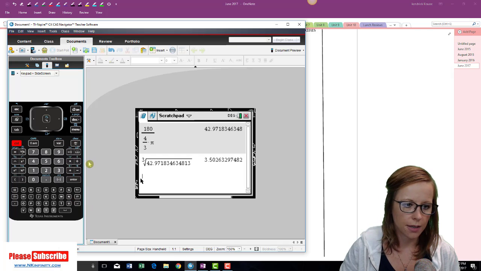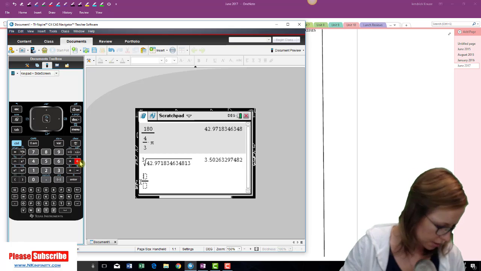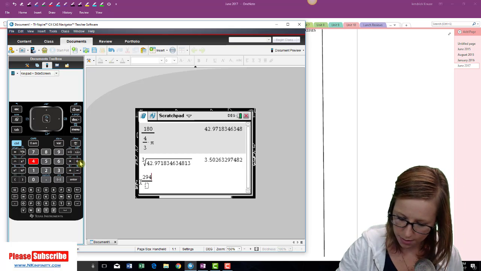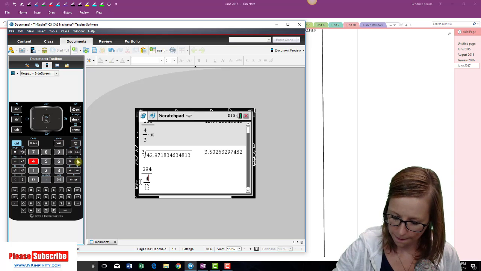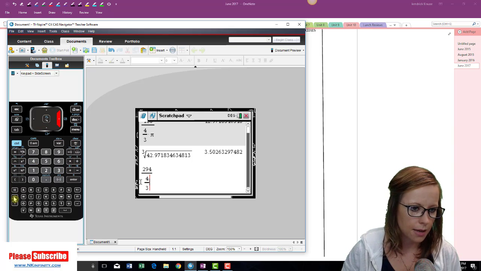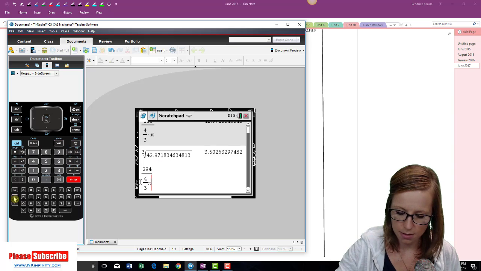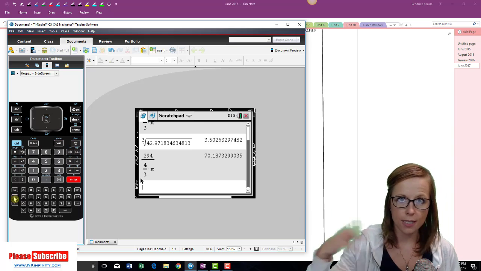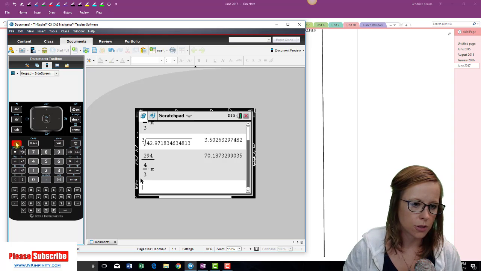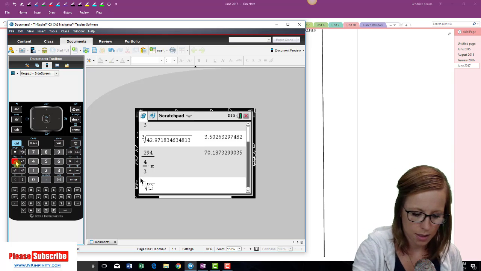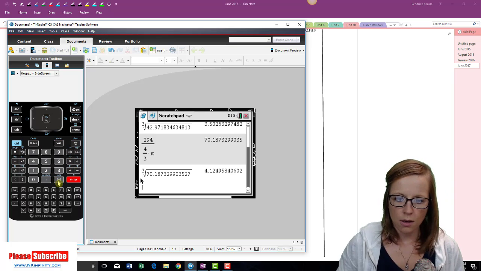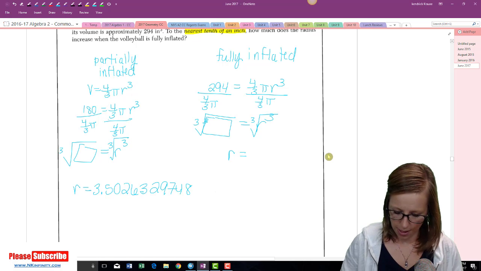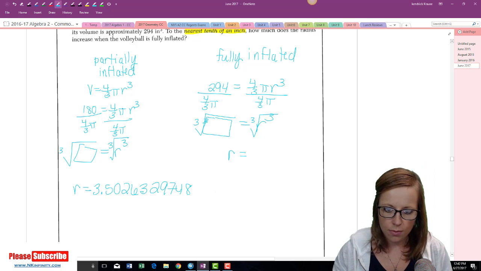So control divide. 294 over 4/3 pi. Crazy number, right? And then we want to cube root, so control caret key, cube root of our answer. Control answer. 4 point blah blah.